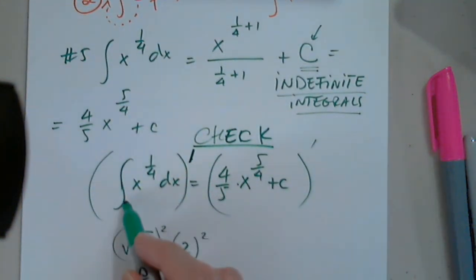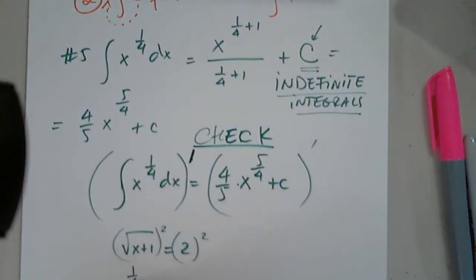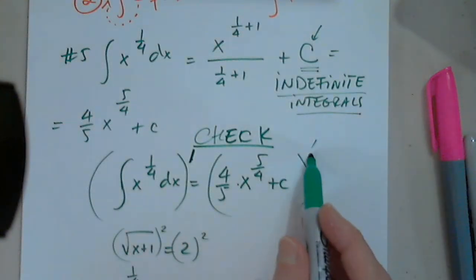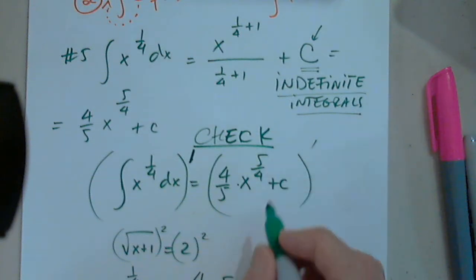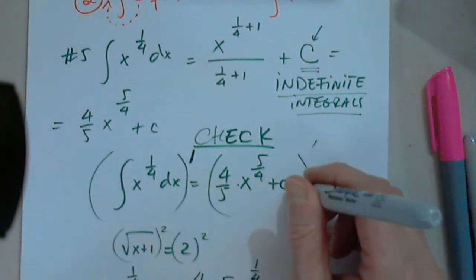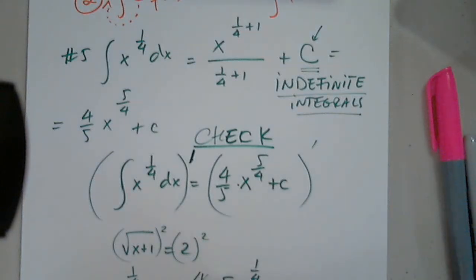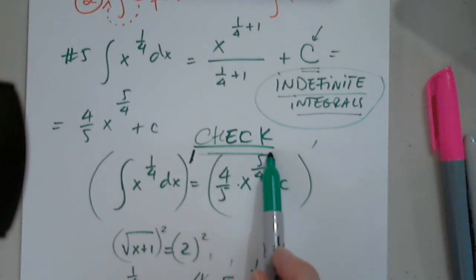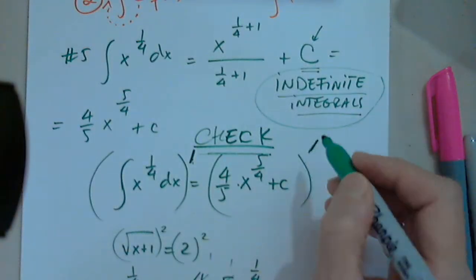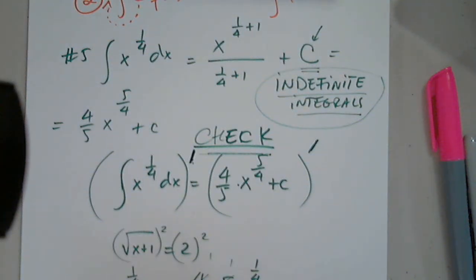So when I differentiate an integral, I just get the function. So the left-hand side, when I differentiate an integral, I just get the function. Let's see what we get on the other side when we differentiate. We bring down 5/4, so 4/5 times 5/4 will be 1. I subtract 1 from the power, so I get 1/4. And when I differentiate c, I get 0. These two will go away, and I get x to the 1/4 equals x to the 1/4. So indefinite integrals can be easily checked. How? By differentiating both sides. I have to get the same thing.